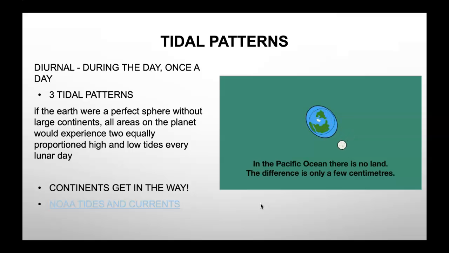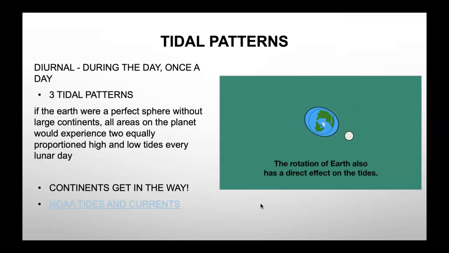For instance, in the Pacific Ocean there's no land, so the difference between a high and low tide is only a few centimeters. But in the small bit of sea between France and England, all the water coming from the open ocean is forced through a narrow space. This causes a huge difference between the high and low tide in Calais and Dover. This can be around 15 meters or even more.